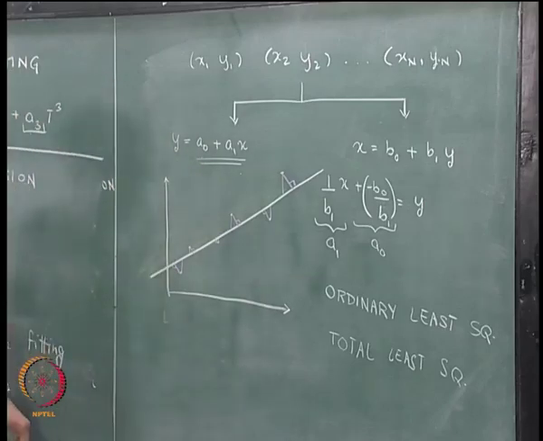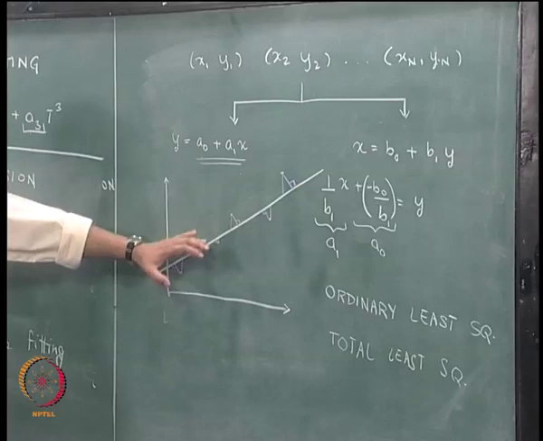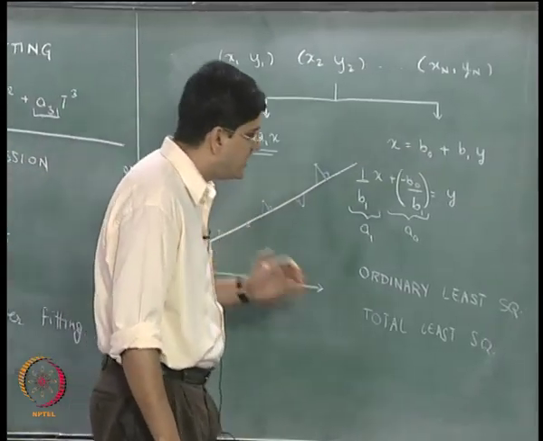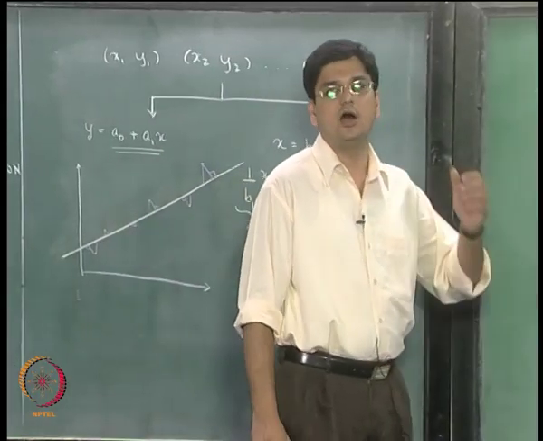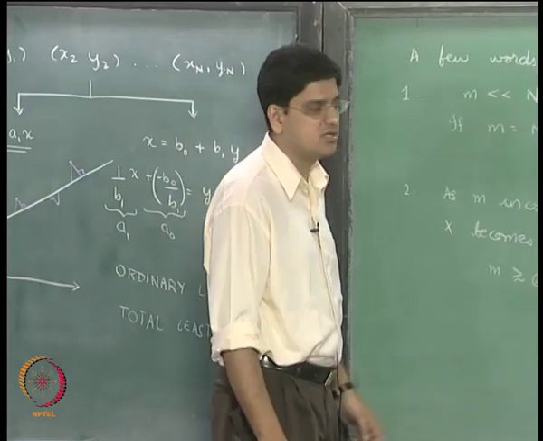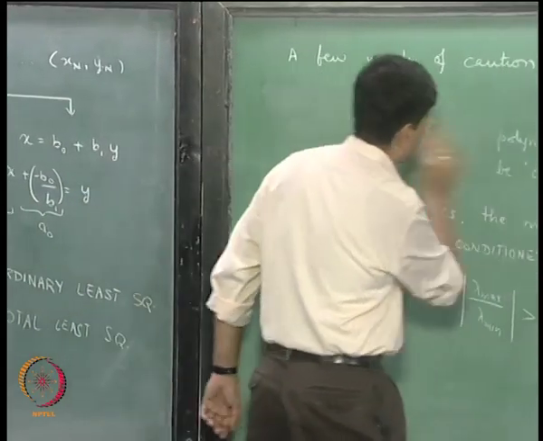Okay, and some of the advanced techniques allow you to actually do these kinds of least squares minimization. So that essentially covers the linear regression part. In the final few minutes of this particular lecture, I will just talk about non-linear regression.